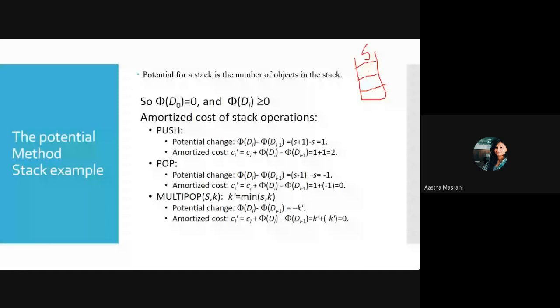So the question that was asked in the last session, how the amortized cost came, this is the thing. That's why we got the amortized cost as 2. Any doubts till now?